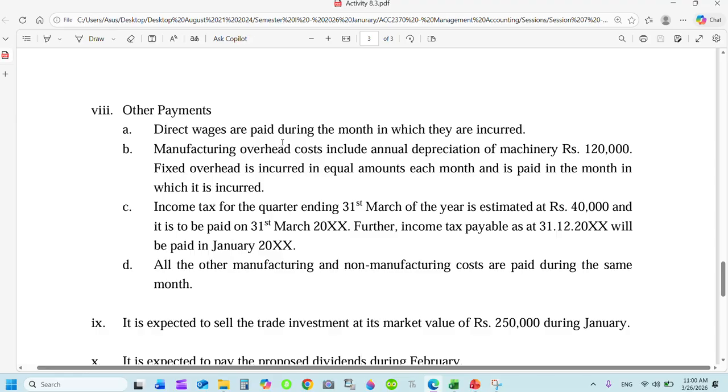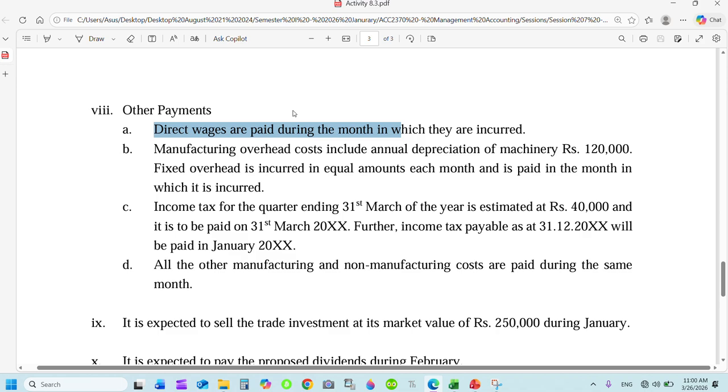Then these are the other payments related information. Direct wages are paid during the month in which they are incurred. Direct wages means wages relating to the manufacturing people, or people directly engaged in the manufacturing process, right? Those direct wages we pay in the same month.